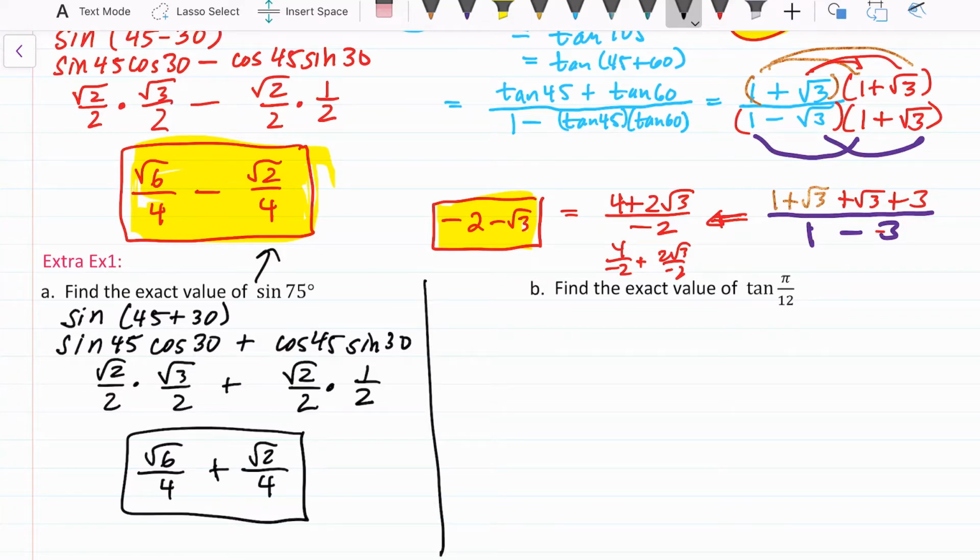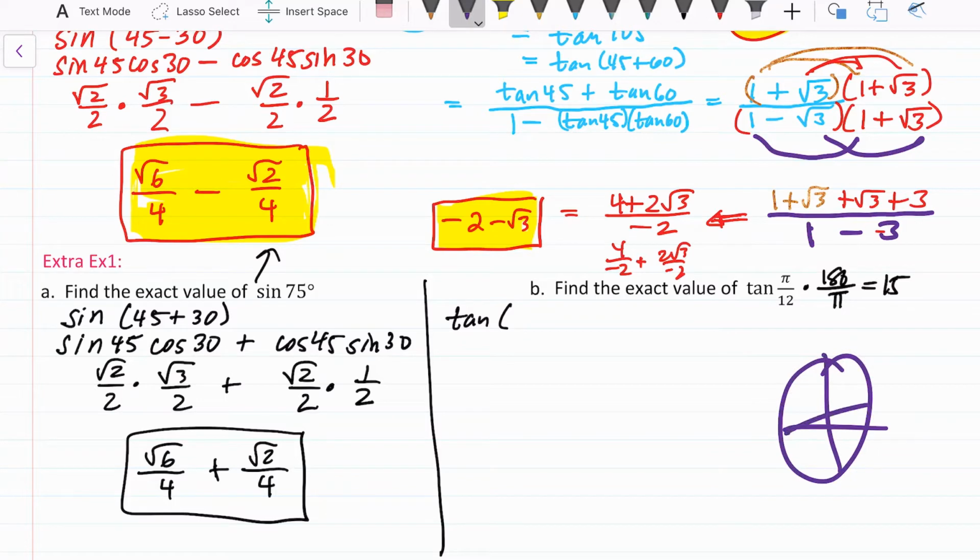For tangent of pi over 12, if you multiply this by 180 over pi, it is equal to 15. So I will be doing tangent of 45 minus 30, no. Again, for tangent, you do not want to use the 30-degree reference angles.